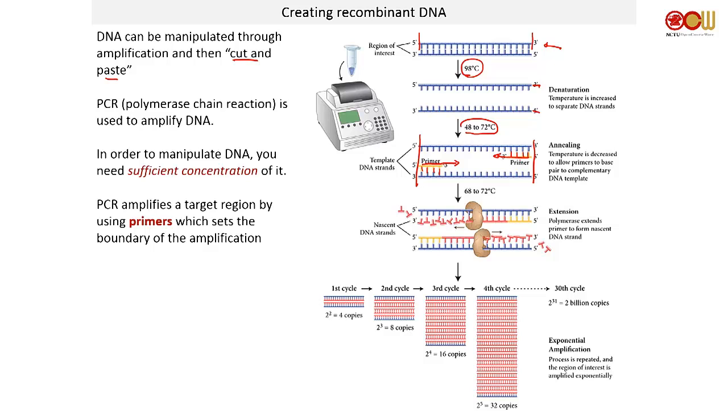But since we can put in a lot of primer, the chance of primer binding to the template is very high. And then I adjust the temperature to usually 68 to 72 degrees. This is the temperature for thermostable DNA polymerase, okay? And it's going to do polymerization, so it will make more and more DNA.